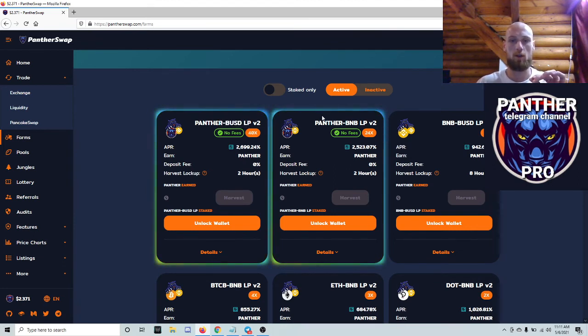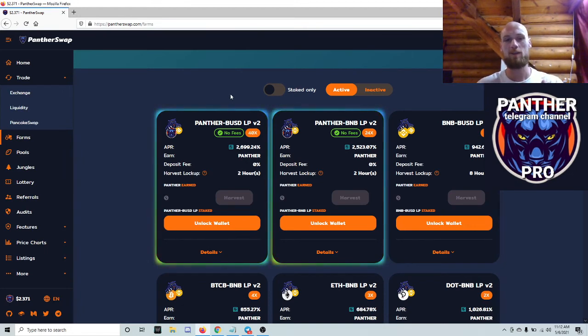Panther BUSD or Panther BNB. These two farming pairs are going to have the highest amount of rewards and the highest risk, guys. You can't get rid of that. You can have risk and no rewards, but you can't have rewards and no risk. So if you want maximum gains, you have to put it on the line, all right? I'm not telling you to put it on the line. I'm saying to figure out what your plan is, and then you have options.